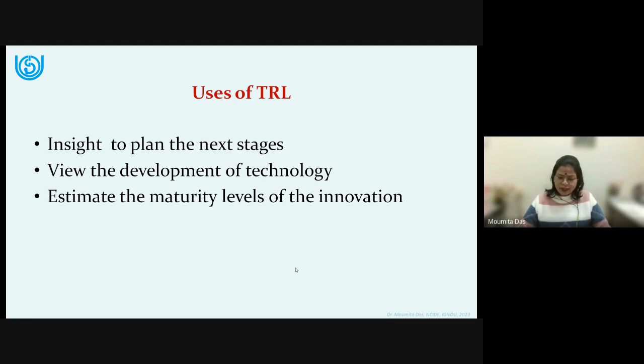Even the innovator can commercialize their technology at a certain point of time, either through investors or by selling it. There are so many ways you can commercialize your technology, but for that you have to understand where you stand. So for the investors, as I told you, they estimate the maturity level of the technology and then they invest.